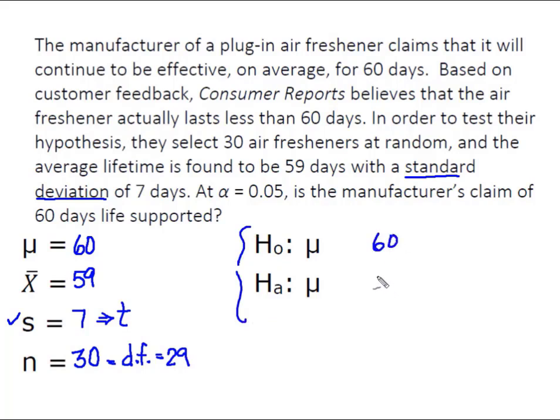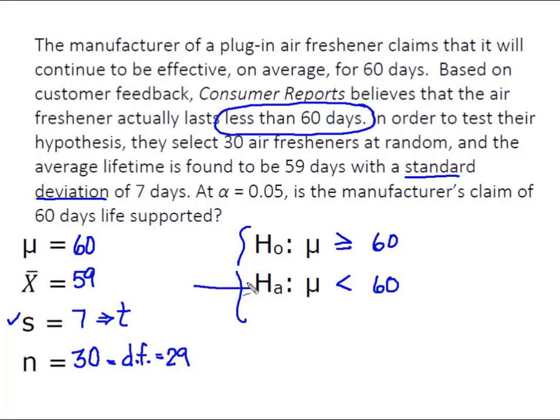So the established or believed life of these air fresheners is 60 days. Now we're going to look in the problem for an indicator of which way we're going to test. Consumer Reports believes that they last less than 60 days. So that becomes less than here. H0 and HA are mathematical opposites. If less than is here, then greater than or equal to is here.